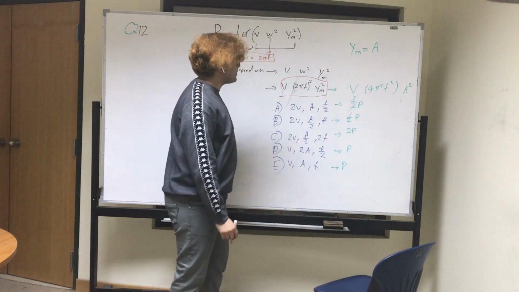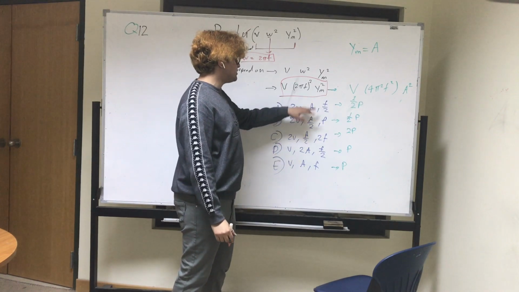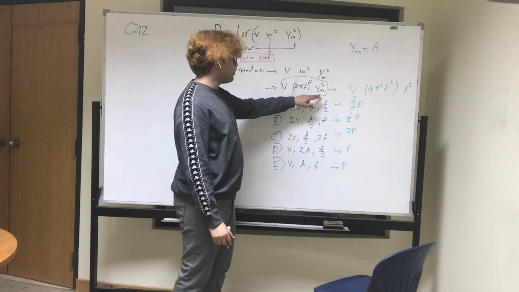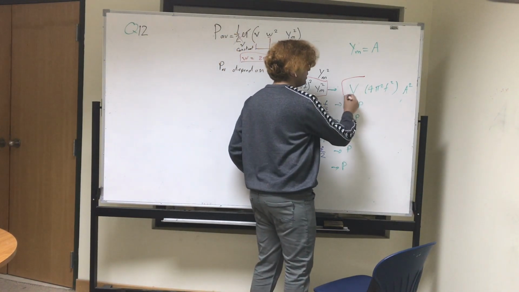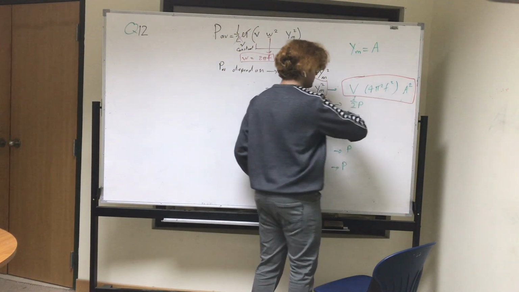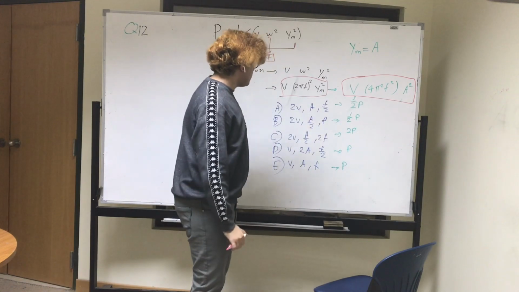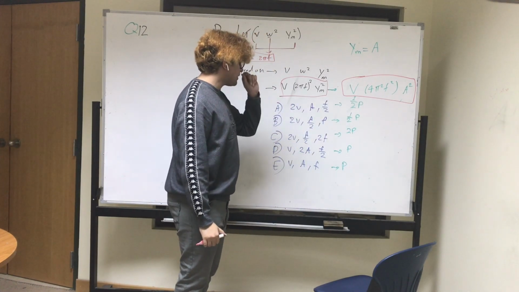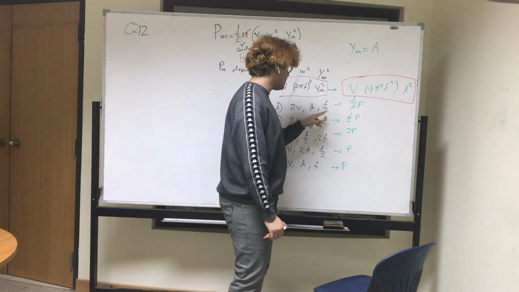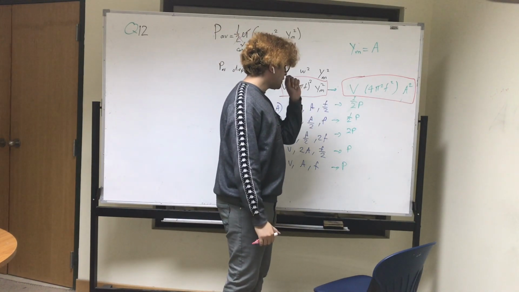Okay, and in the choices, the amplitude is written as A rather than Ym. So our final equation that we're going to work with is going to be this equation. Alright, so the first choice says we have a speed of 2v and a frequency of f/2.